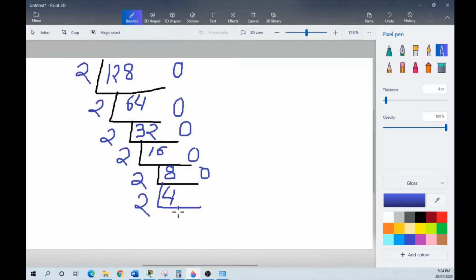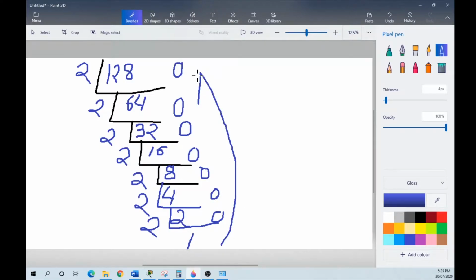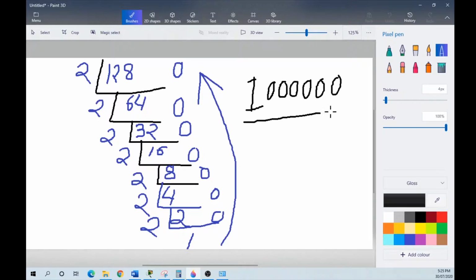Let's carry on. While taking the output, we have to go from down to up. So if I note down those values respectively, this would be 1, and then all the other 7 bits will be 0. So 128 in binary form will be like this.